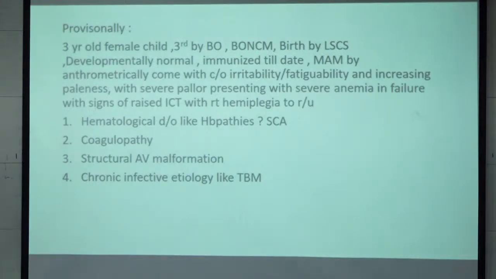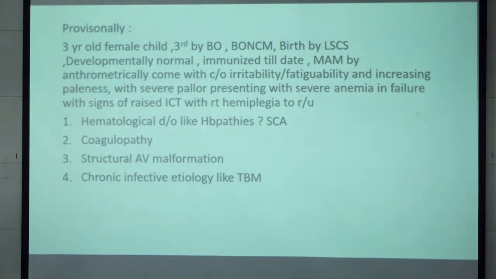So provisionally, the patient is a 3-year-old female child, third by birth order, born of non-consanguineous marriage, birth by LSCS, developmentally normal, immunized till date, moderate acute malnutrition by anthro.